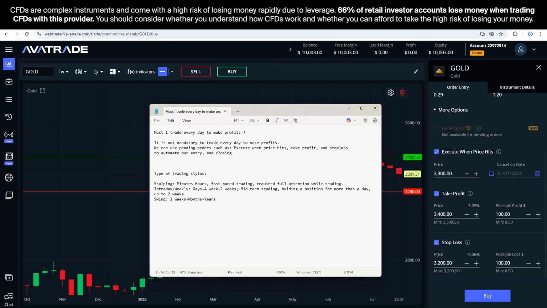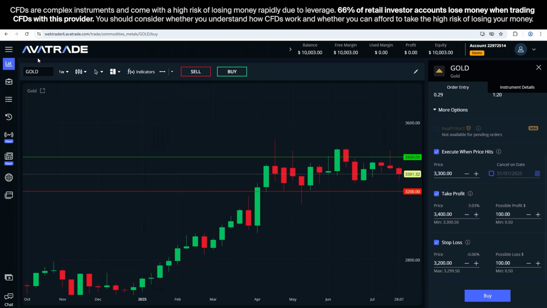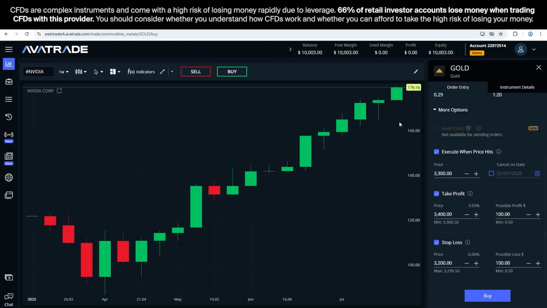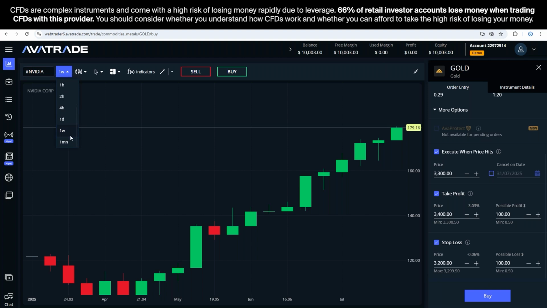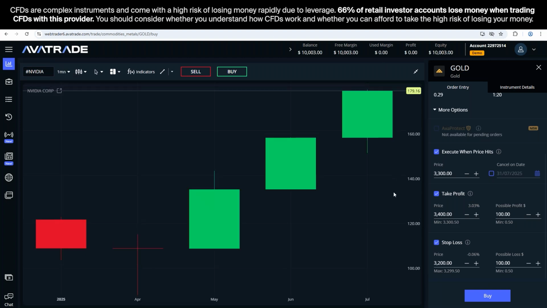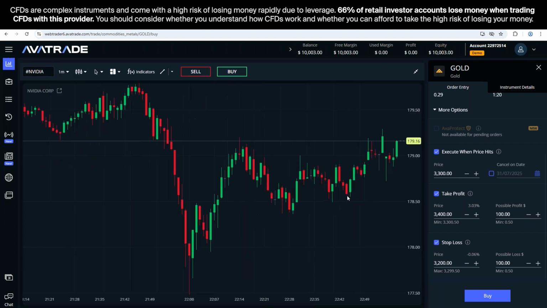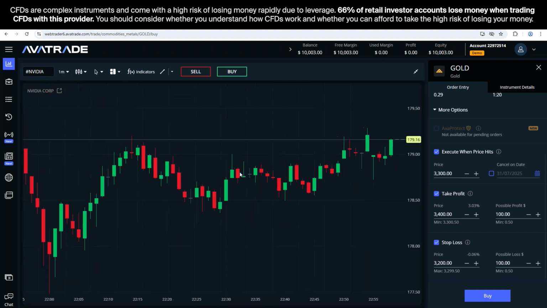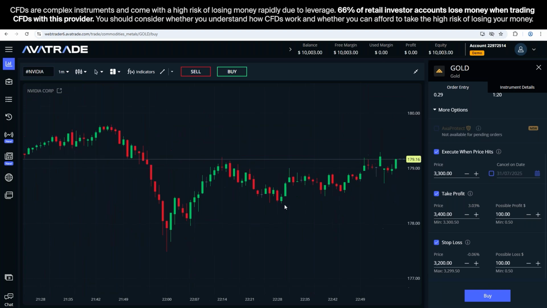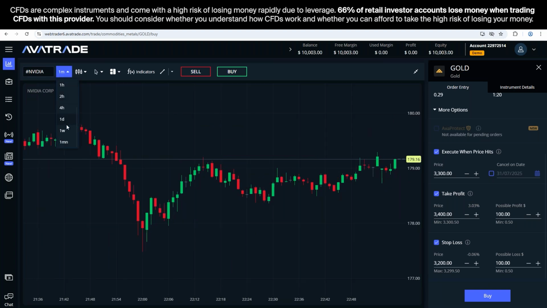So for instance, this is also an excellent example. When I swing, okay, as an example, let's switch to months also. Okay, something happened here. Let's change it. There we are.